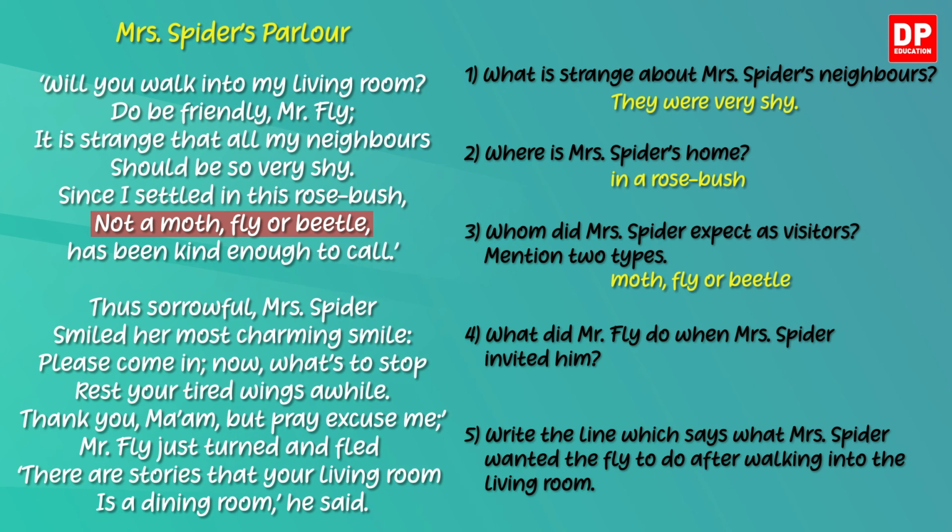You have to write 2 out of these 3. Okay, now the 4th one. What did Mr. Fly do when Mrs. Spider invited him? The answer is there in the 2nd stanza, line 6. Mr. Fly just turned and fled. So the answer should be turned and fled.